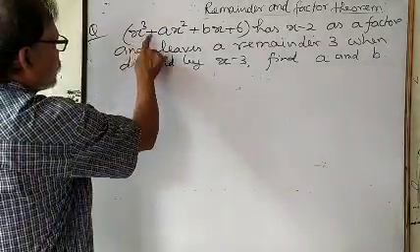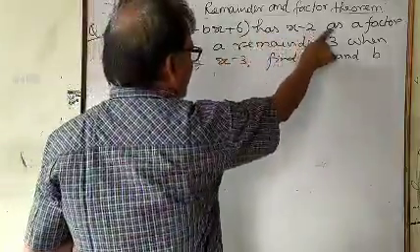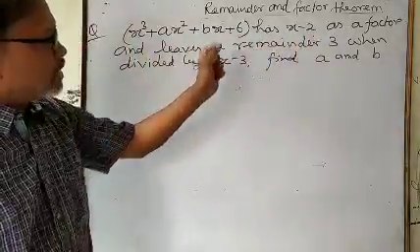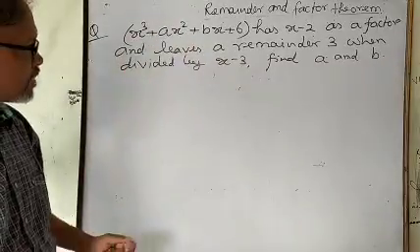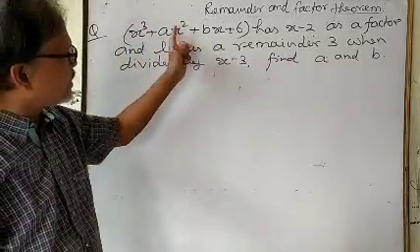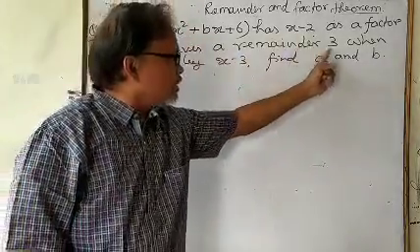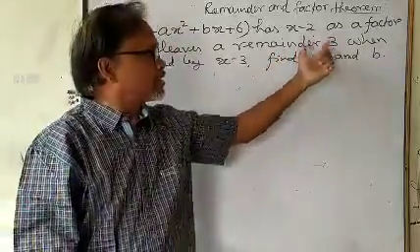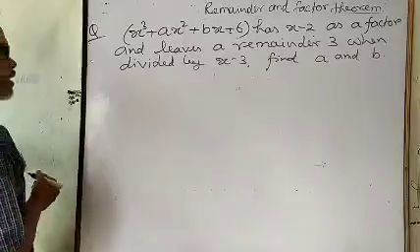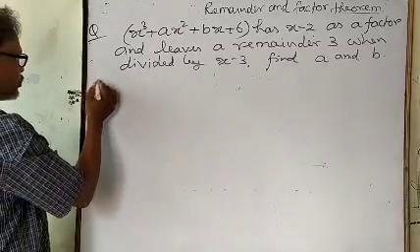If x cube plus ax square plus bx plus 6 has x minus 2 as a factor, it means x minus 2 is the factor of this expression. But when we divide by x minus 3, it leaves the remainder 3. In place of 0, it leaves the remainder 3. So what is the method to solve this type of question?